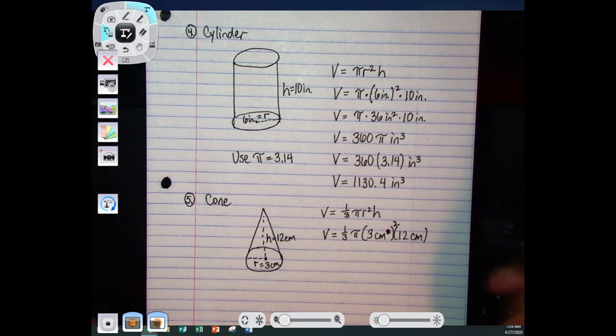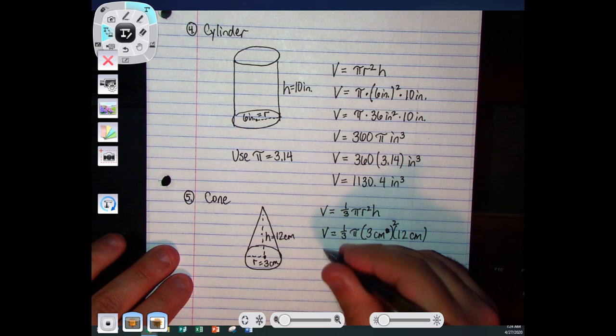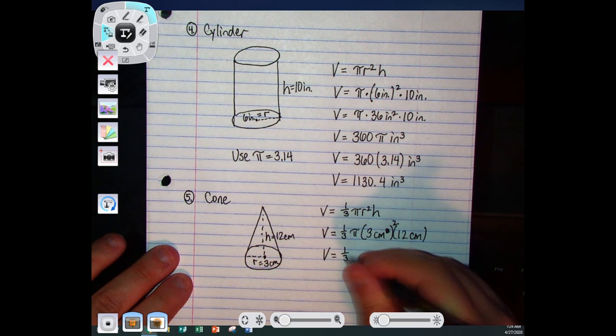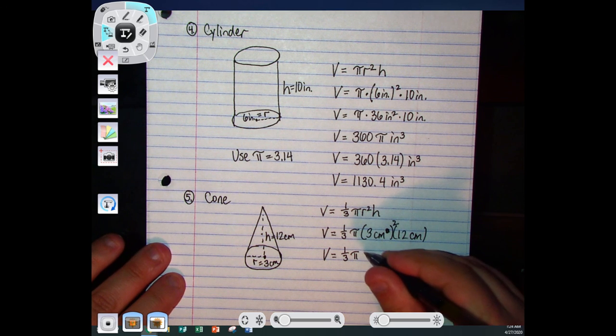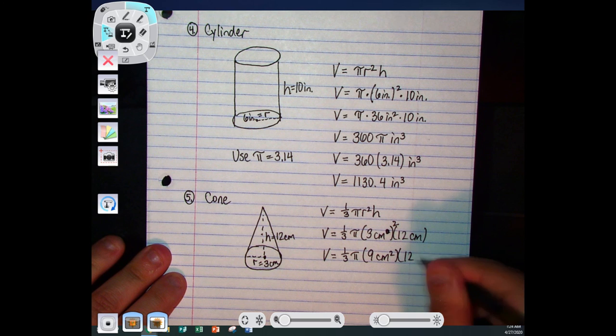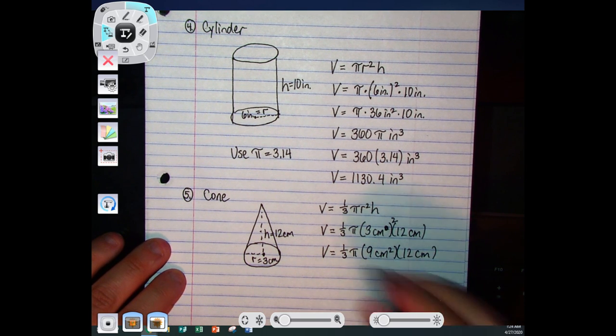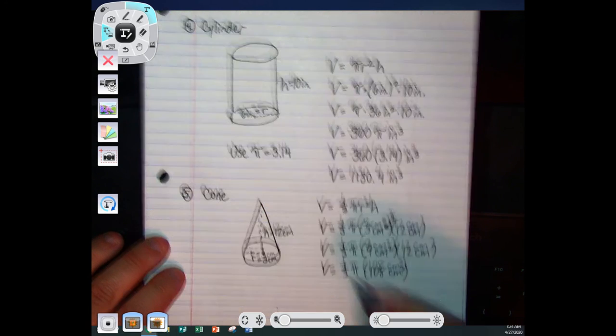Order of operations says we do the 3 squared first, so that's 9 centimeters squared. So that's 1/3 times pi times 9 centimeters squared times 12 centimeters. I can multiply 9 and 12 together, so that's 108 centimeters cubed.